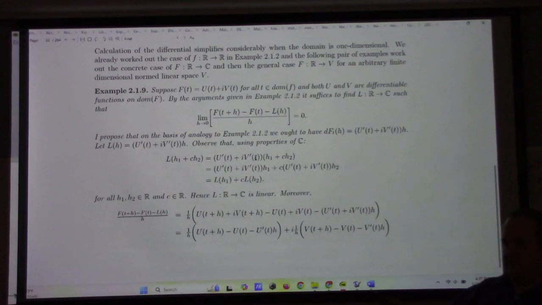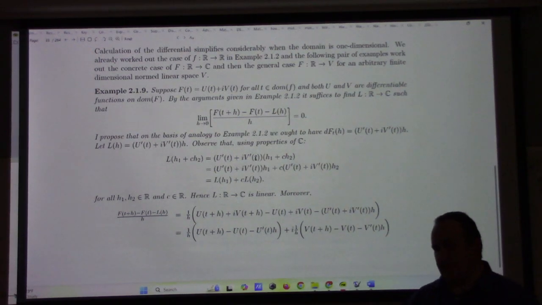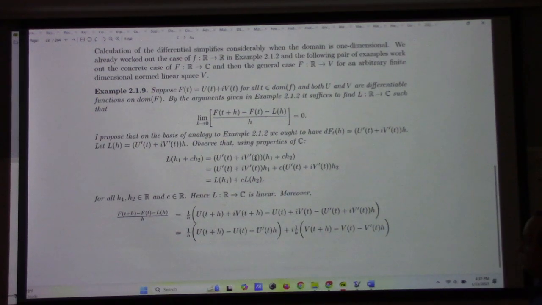So like in calculus 3, you talk about this as a parametrization, a space curve, a path in 2 dimensions would be what this is, for instance. Anyway, we're assuming that both u and v are differentiable functions. And my claim in this context is that the linearization, you can get it just from basically adding the derivatives of those functions. And the i here is because of the context, we're complex valued.